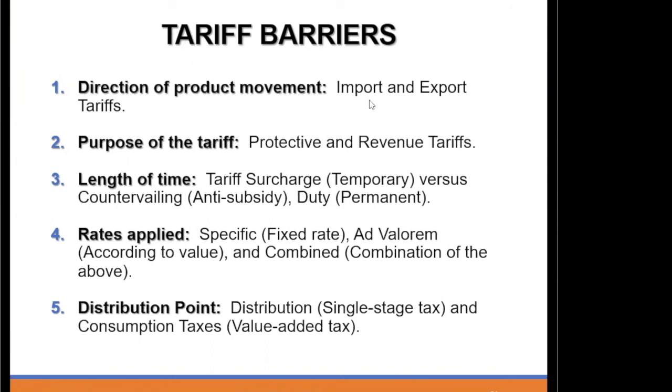So to counter the subsidy that has been given in the other country, to make it cheaper for manufacturers there to produce and come and dump in a certain country, that country will introduce an anti-subsidy or countervailing tariff to counter the subsidy given to that manufacturer, making it cheap for him to manufacture and import into our country. Then we have the duties that are imposed on imports, which are generally permanent.